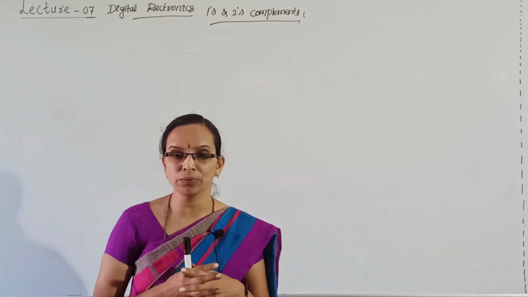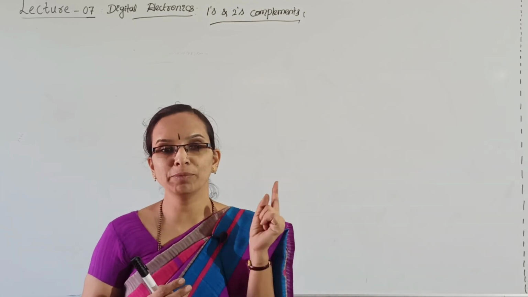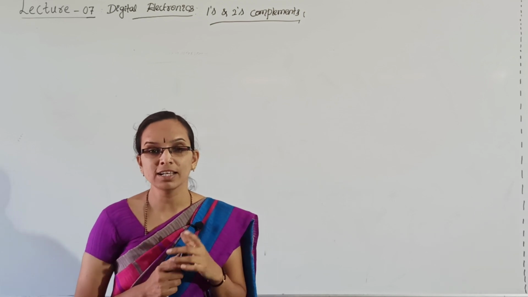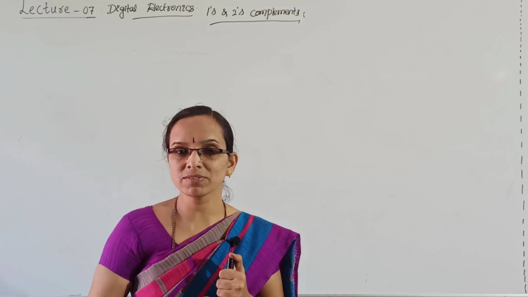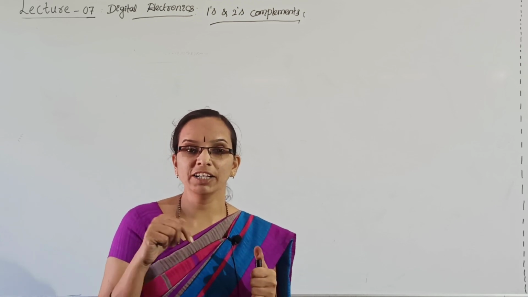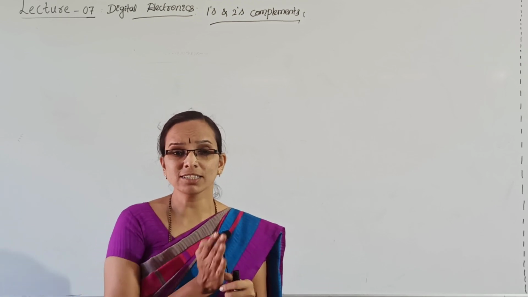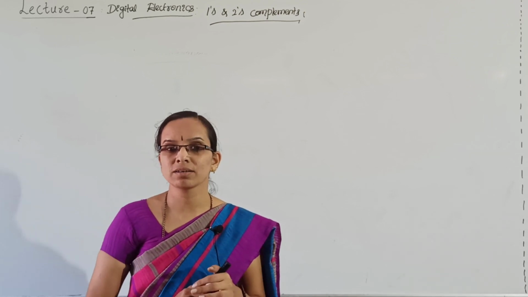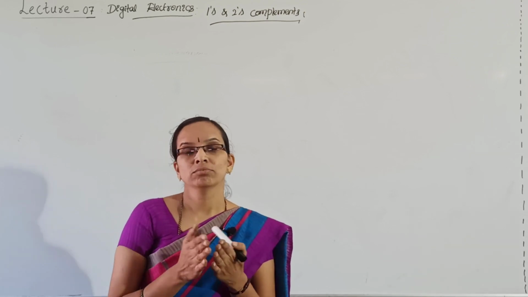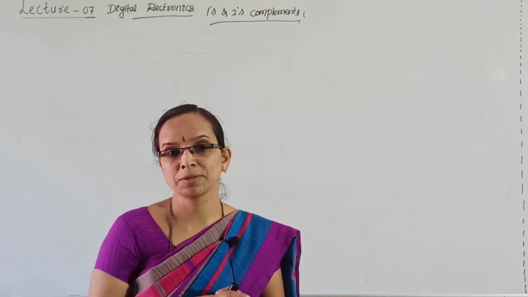Some students, while doing the 1's complement method of subtraction, will take the 1's complement of the subtrahend and add it to the minuend. Finally, they will just discard the carry. They will forget to add 1 to that answer. If you do that, then you will lose marks.